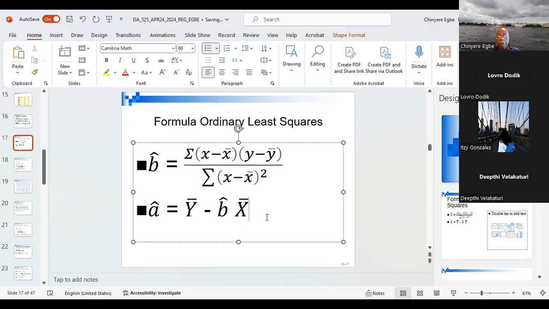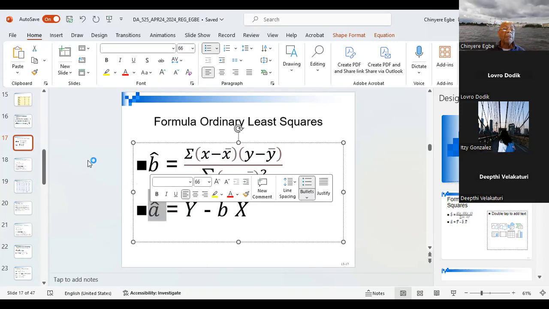When you look at these formulas, you see that in order to estimate B hat or A hat, you have to find the mean of X, the independent variable, and also the mean of Y, the dependent variable. You use their means to estimate B hat and A hat.